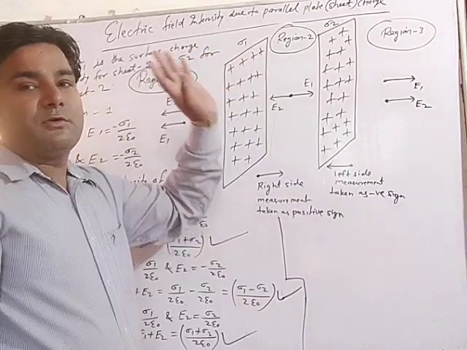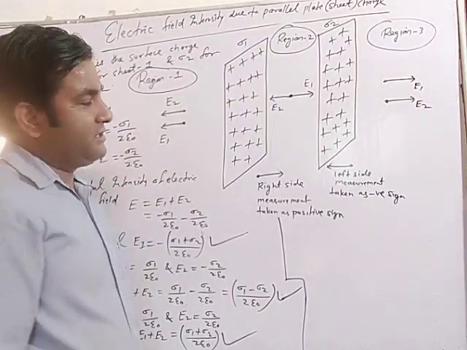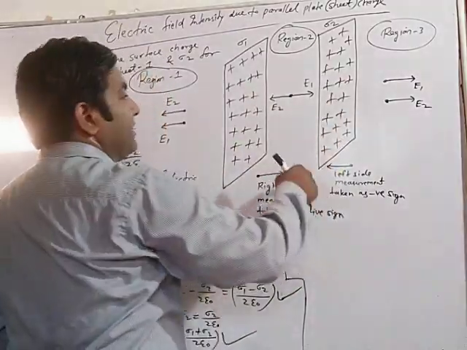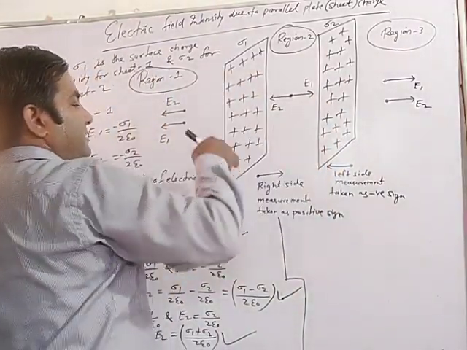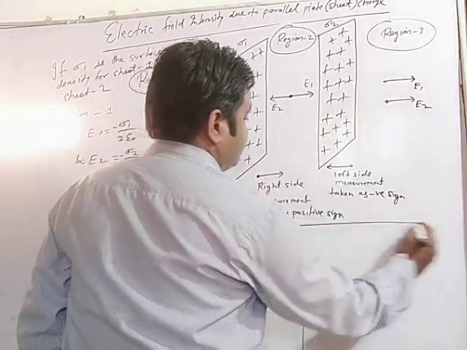When sigma 1 is equal to sigma and sigma 2 is equal to minus sigma, it means this one becomes negatively charged and this one becomes positively charged with equal charge density.